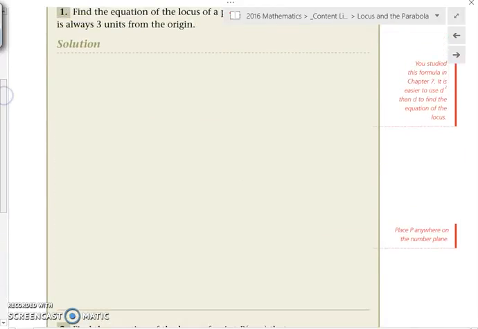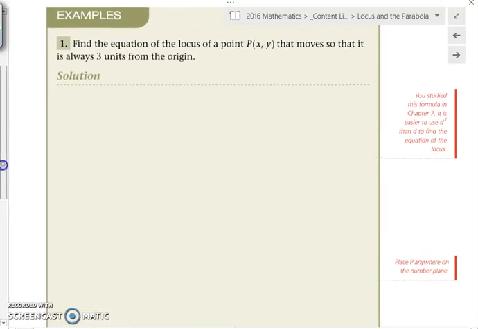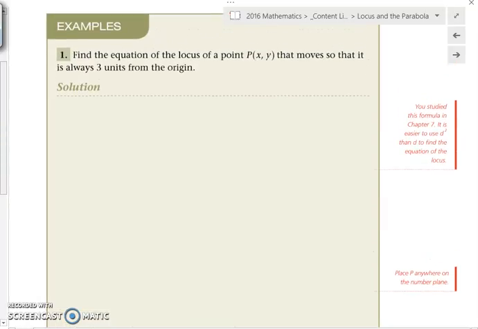Cheers. Okay, we're going to find the equation. So we're now actually starting to talk maths. Like all the other ones, we've been describing it in general terms as shapes or whatever. We're now finding the equation of the locus of a point xy so that it is always 3 units from the origin.